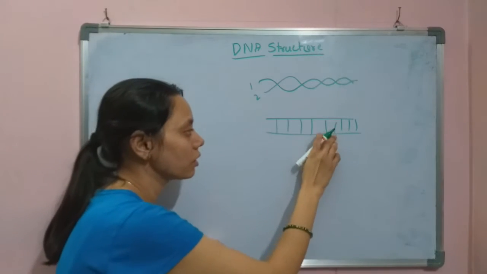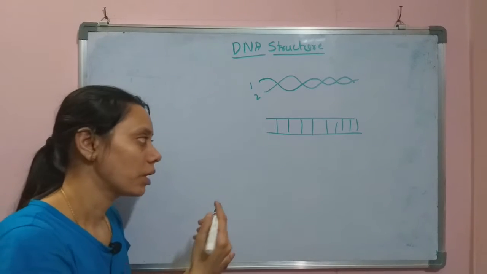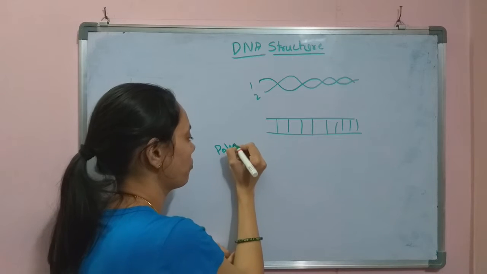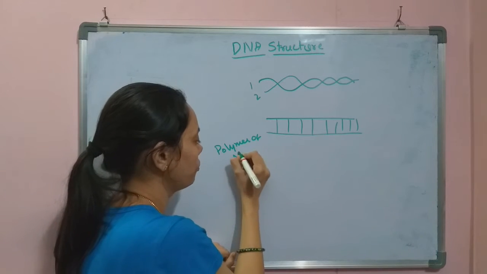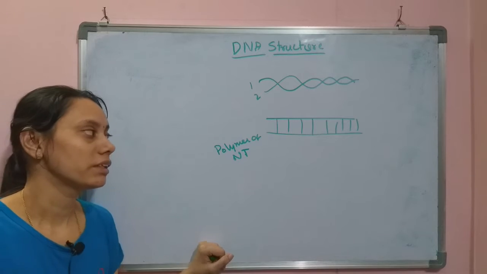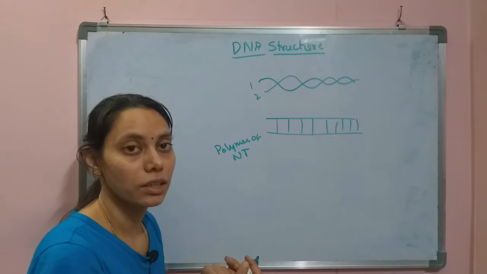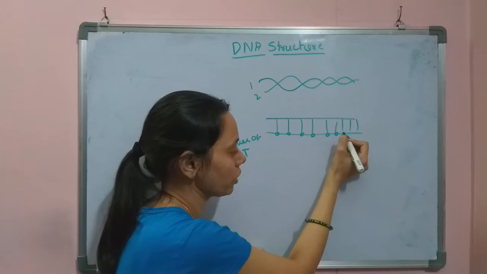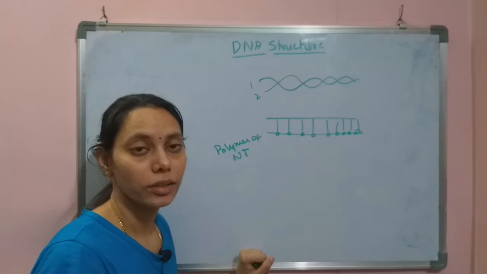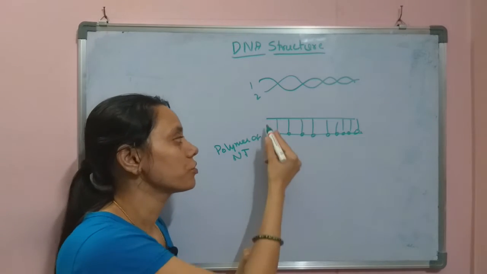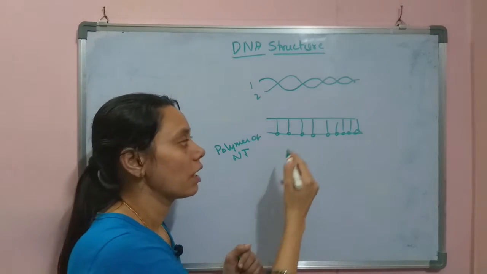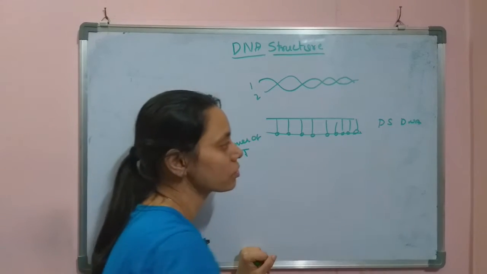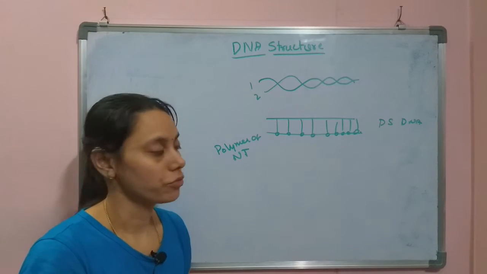It is made up of two strands which are combined, and each strand is a polymer of nucleotides. These nucleotides are the building blocks of the DNA. There are n number of nucleotides combined together into a single strand, and two of such strands combine together to make this double stranded DNA. So that is what DNA is made up of, nucleotides.